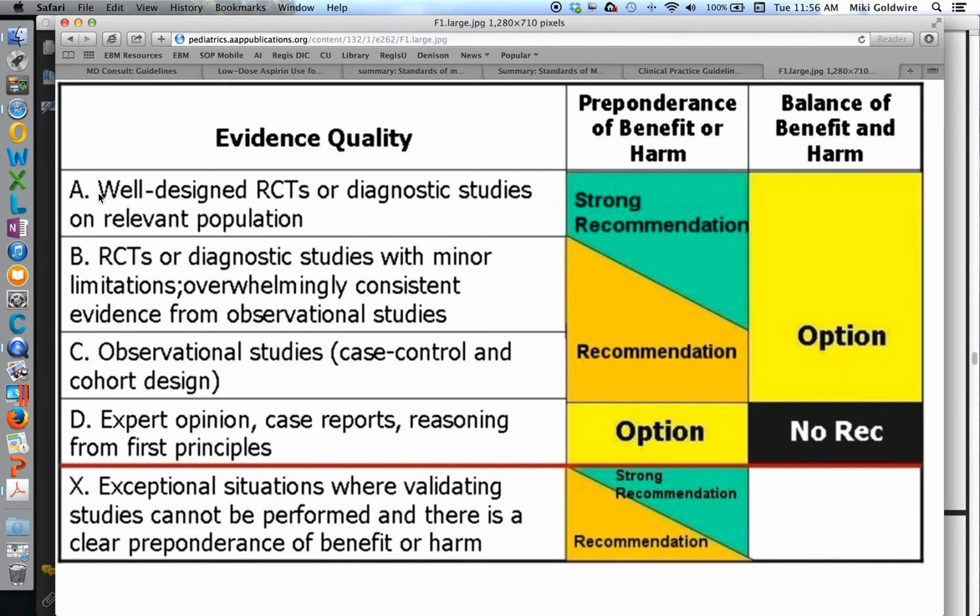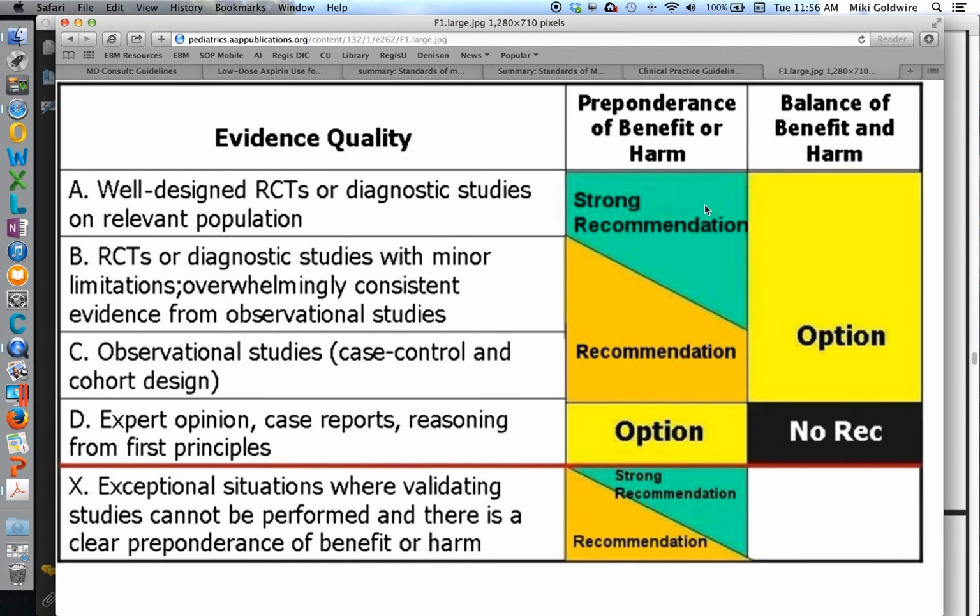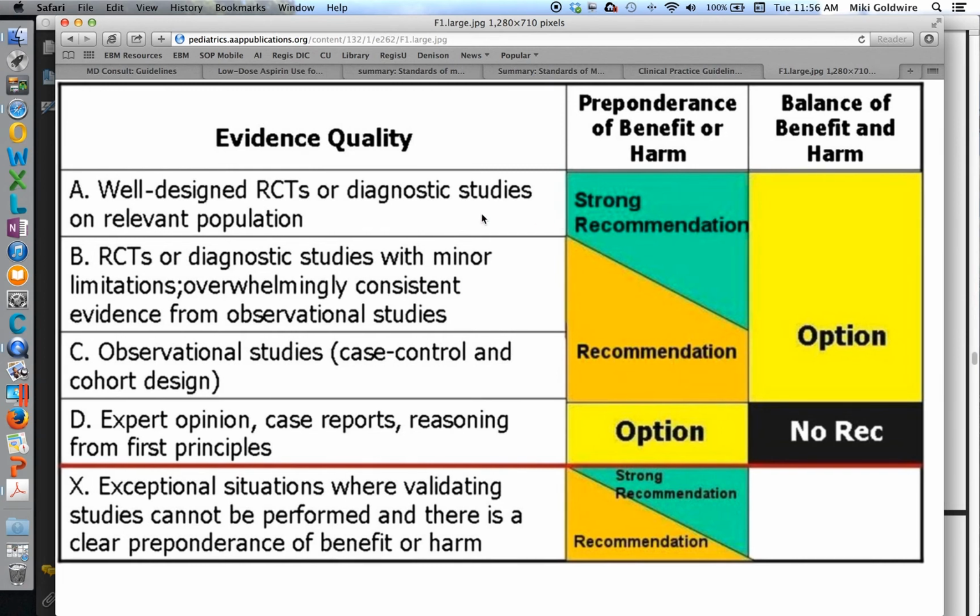So you can see that an evidence quality of A is derived from well-designed RCTs or diagnostic studies. And then the preponderance of benefit or harm, again, if you can think of those scales that we saw in figure 1, there's a strong recommendation for that evidence. B is an RCT or diagnostic study with minor limitations, or consistent evidence from observational studies.